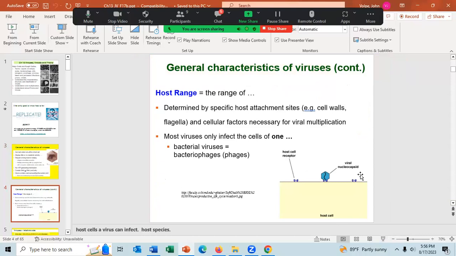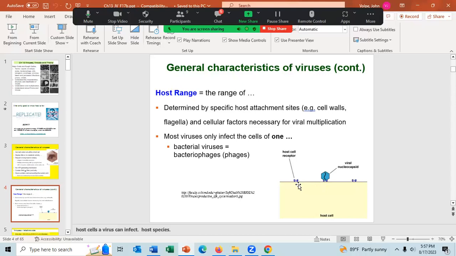All right, some general characteristics of viruses. All viruses have a host range. This is the range of cells that the virus can infect and replicate in. The host range is determined by specific host attachment sites that we call receptors. So this cell is the host cell for this virus, and it'll have a receptor on it that the virus binds to.